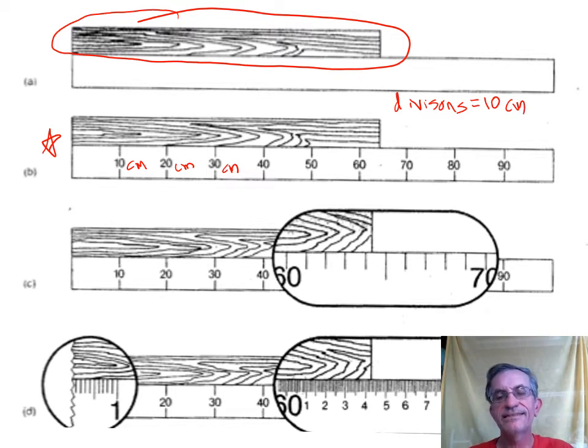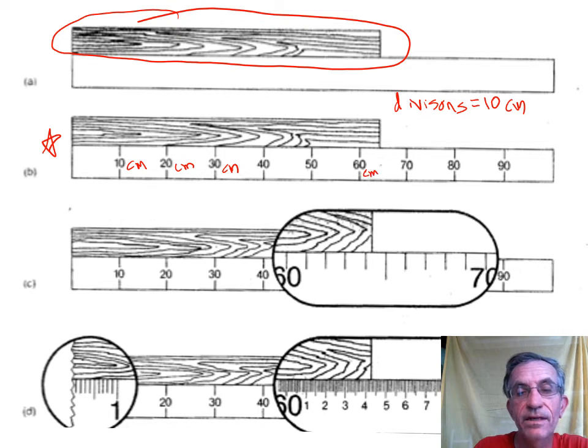Whatever the divisions are, I want to estimate one number past that. When I look at this ruler, this piece of wood is between the 60 centimeter line and the 70 centimeter line. So I'm going to estimate somewhere between 60 and 70.